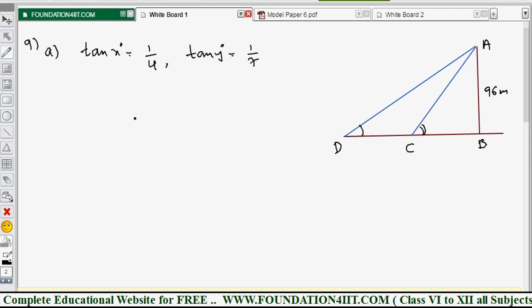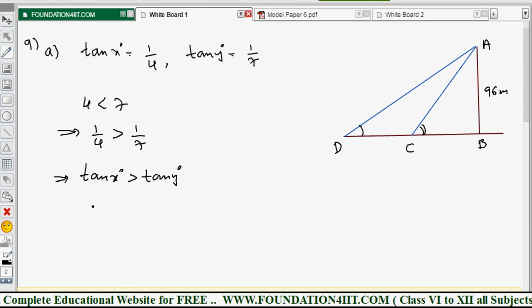Let us observe here: 1 by 4 and 1 by 7, one is tan x and the other tan y. We know that 4 is less than 7, right? If 4 is less than 7, then 1 by 4 is greater than 1 by 7. 1 by 4 is tan x, so the tan x value is greater than tan y.